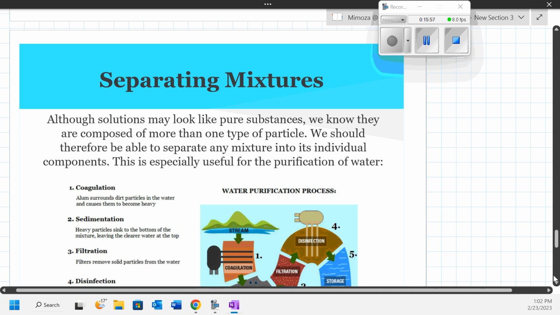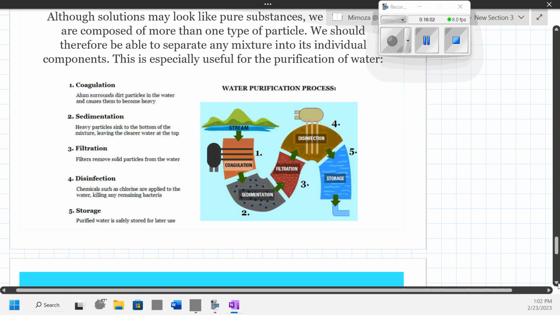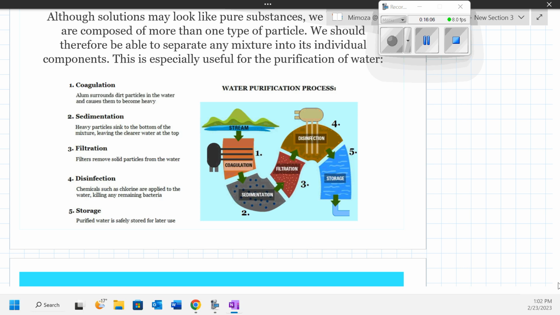The most useful case that we use in our life is water purification. We know that water is infected, quote unquote, by microparticles, some of which are not good for our body. Therefore, we have to clean the water.